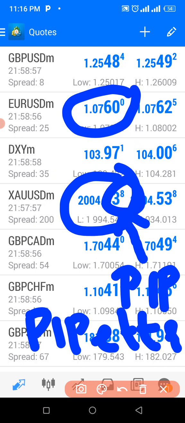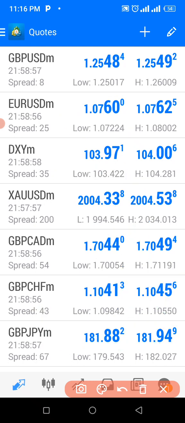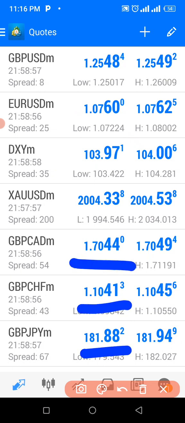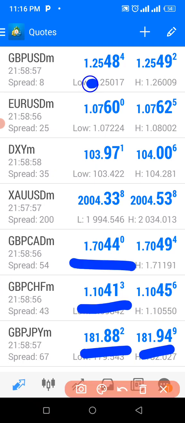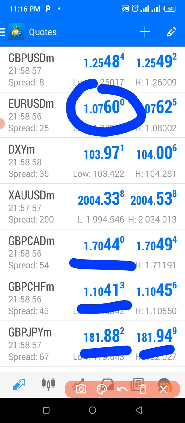So you can see that other pairs are in 4 decimal places. The ones of 4 decimal places are what we call the major pairs, especially any pair that involves USD. Most of them are of 4 digits.